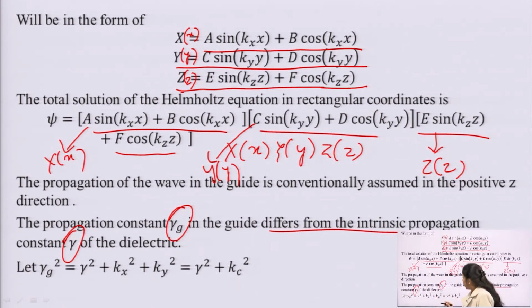So, in the place of gamma_g, it can be written as gamma squared plus kx squared plus ky squared, and this kz squared is equal to gamma squared.